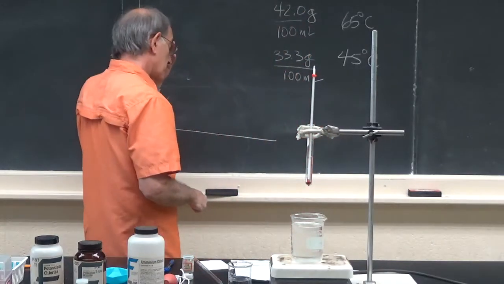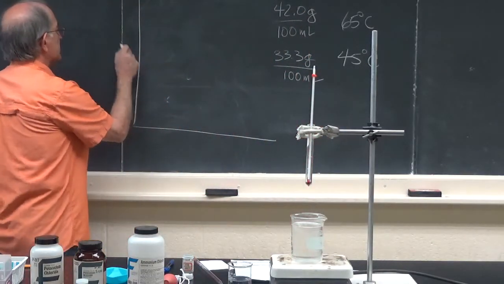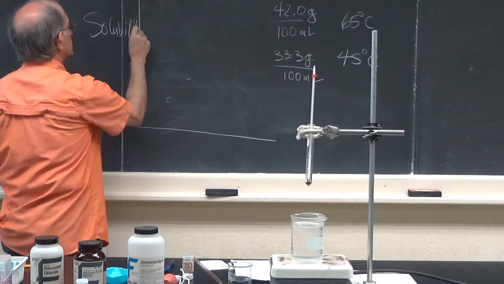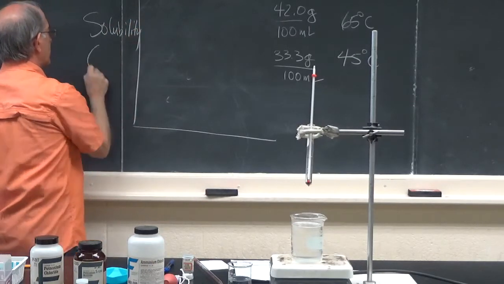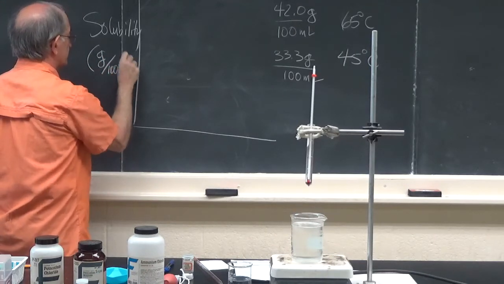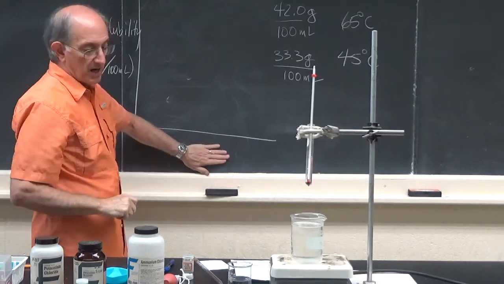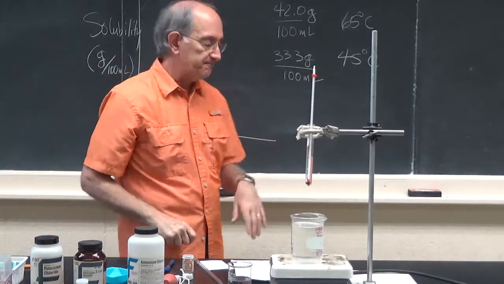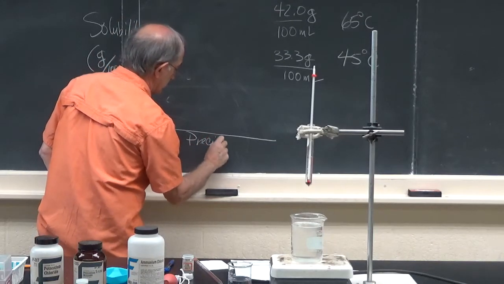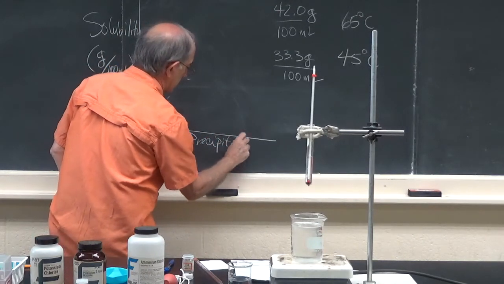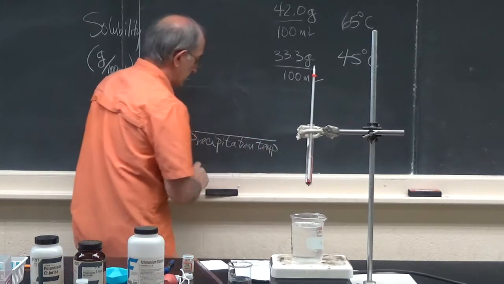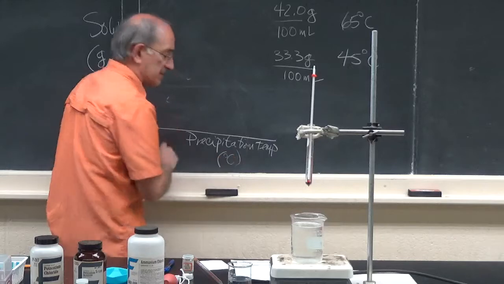Okay, so on the y-axis, you're going to plot solubility. Okay, and that is in grams per 100 milliliters. Okay, on the bottom, you're going to plot precipitation temperature, and that's going to be degrees centigrade.